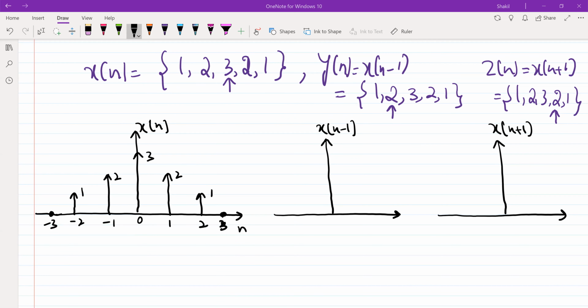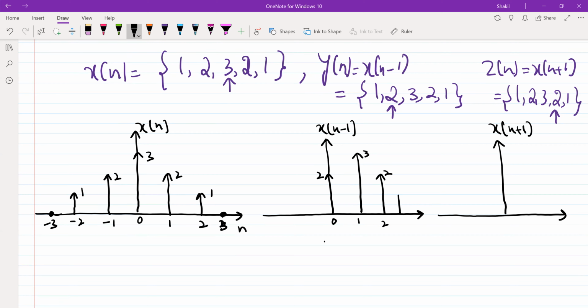Now the values of y of n, which is same as x of n minus 1. The value of this signal at n equal to 1 is 3. Let me redraw this axis. The value of the signal at n equal to 2 is 2.